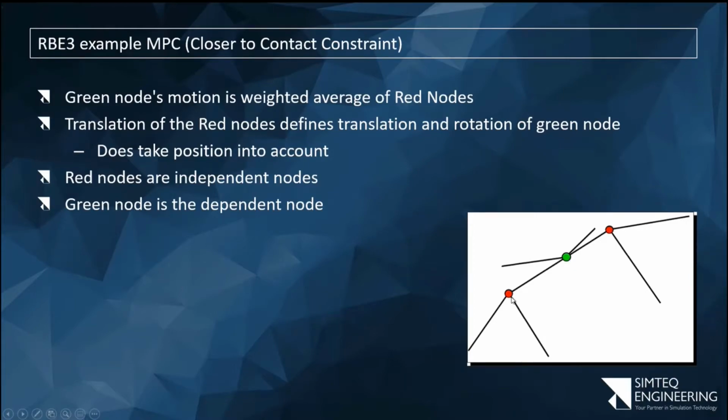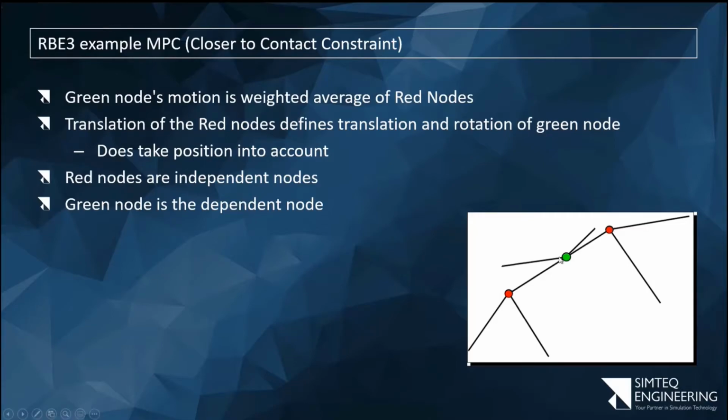But that movement up and this movement down causes a change in that angle. So the rotation is calculated as a function of the translations of these two nodes instead of the rotations as well. Just a side note, averaging rotations doesn't really have meaning, so it's a very unsafe way of doing things.